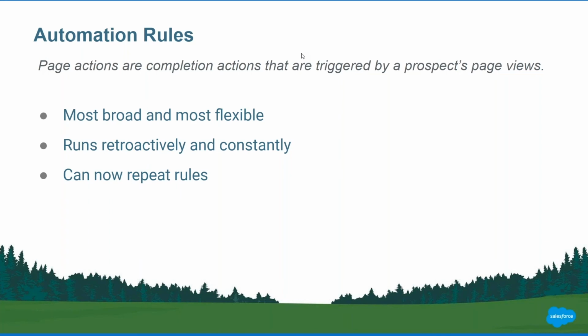And the third thing is, there's now the ability to repeat rules. Originally, the automation rules could only apply the actions once. So let's say you have an automation rule that adds prospects into a list, or adds a specific score to the prospect score, let's say adds +5 to the prospect score.